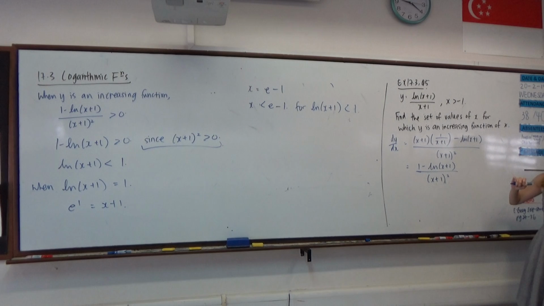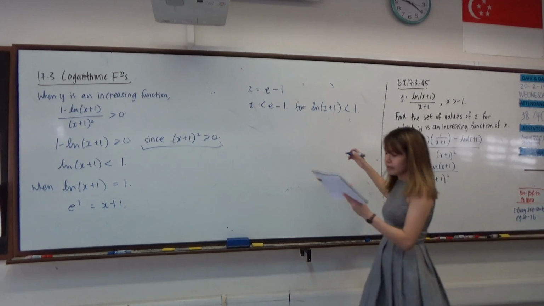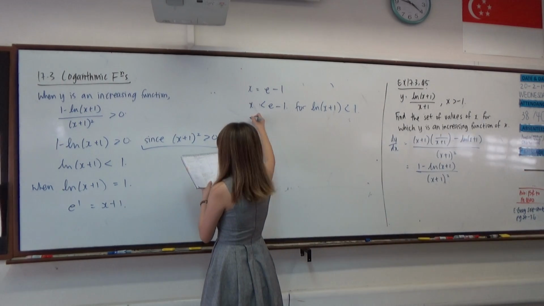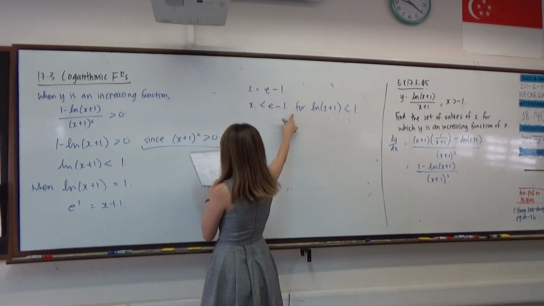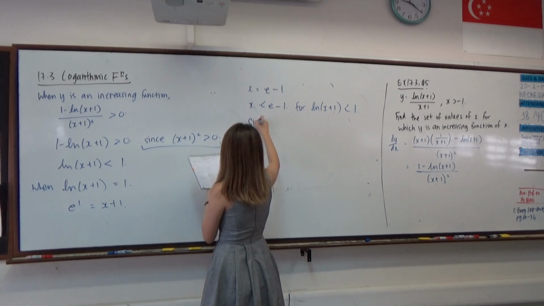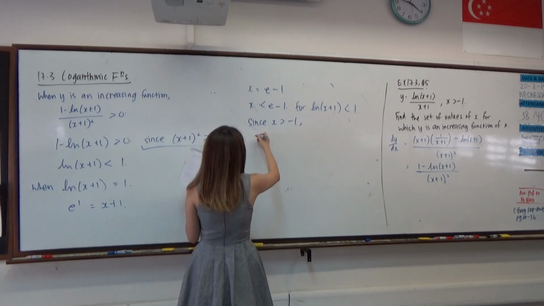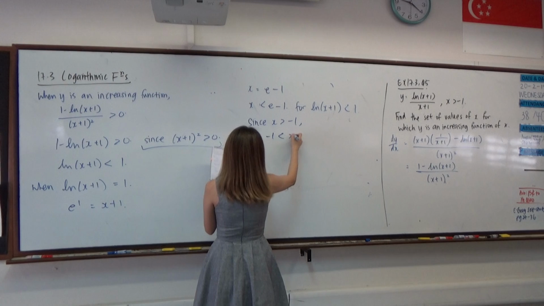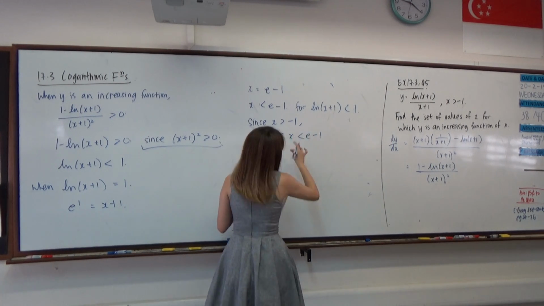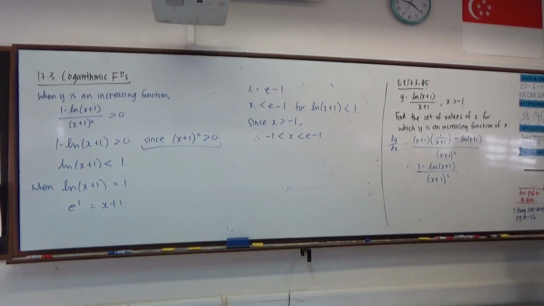Then after that, since x is more than negative 1 given in the question, you can compute that e to the power 1 minus 1 is actually greater than negative 1. So therefore this will be the inequality that we get.